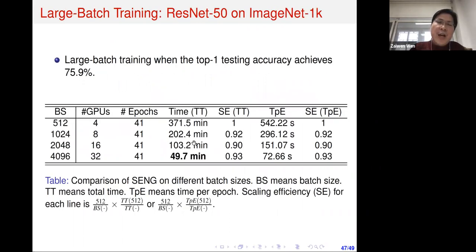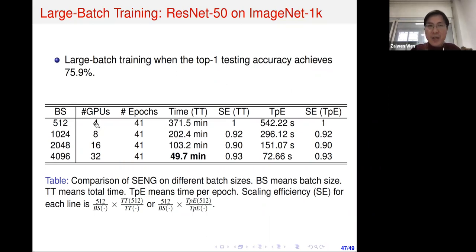So let's check the parallel efficiency. The batch size is increased from 512 to 4,096. For those three cases, the GPUs are on one node. And if we want to use 32 GPUs, then we have to use two nodes.